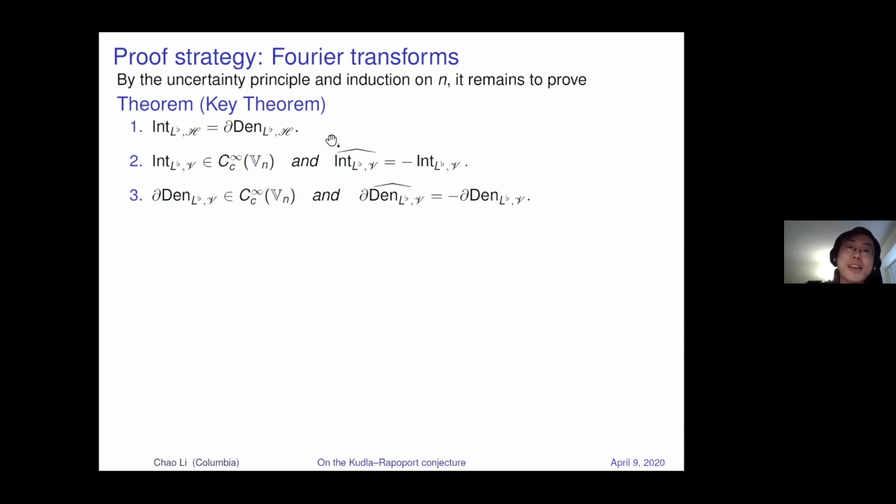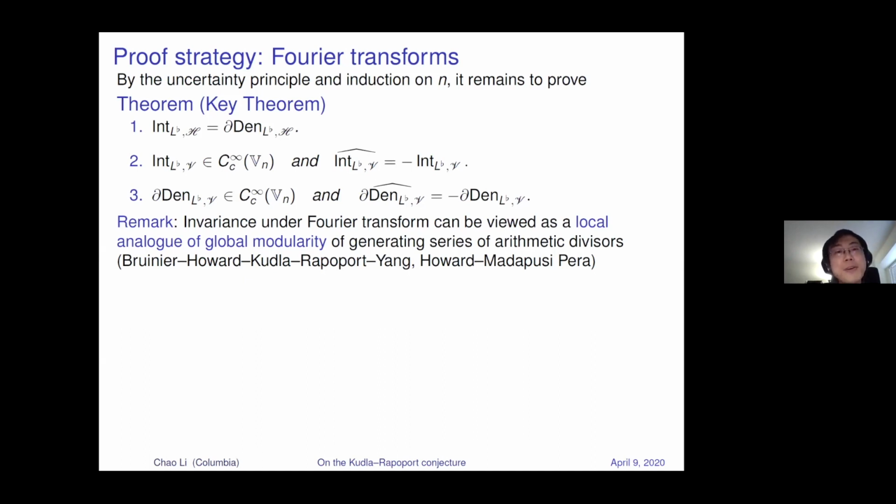So it's essential to understand this extra symmetry that is really helping me control the support of the Fourier transform. Where does this extra symmetry come from? Well, it's not so surprising, because this invariance under the Fourier transform can really be viewed as a local analog of a modularity result proved by these people for generating series of arithmetic divisors.